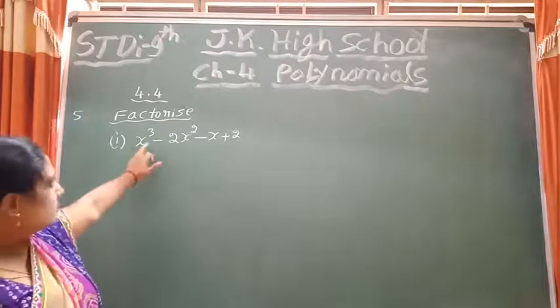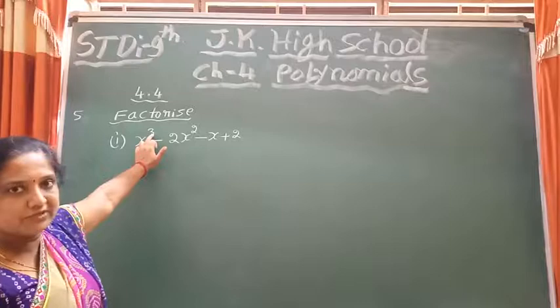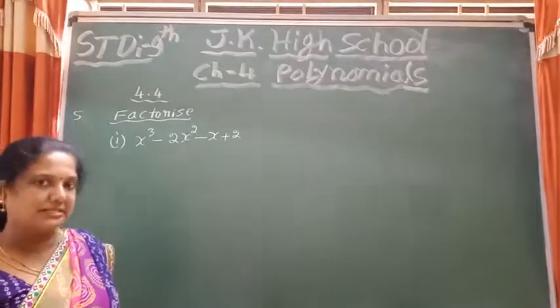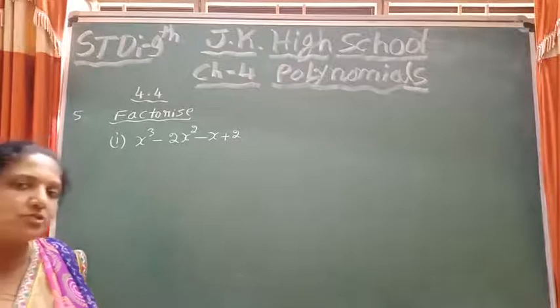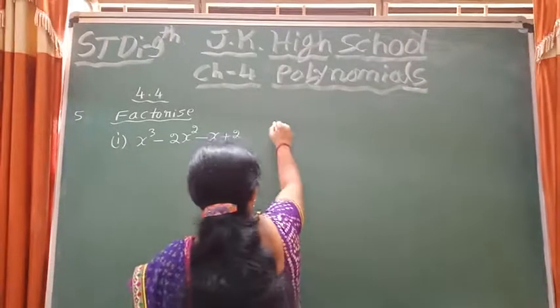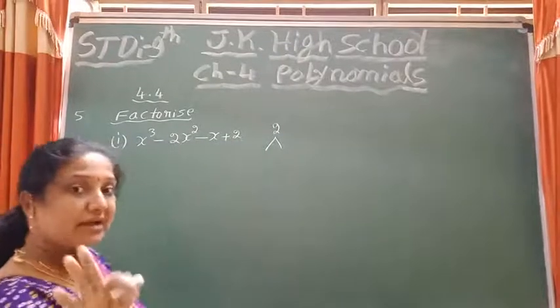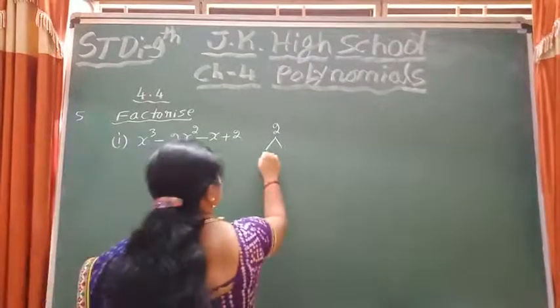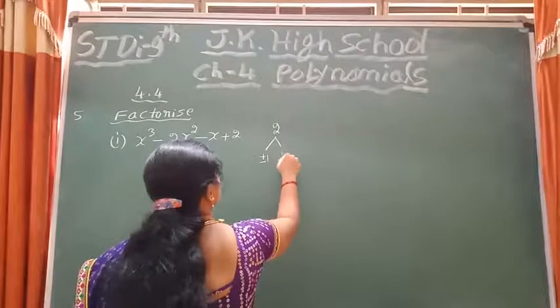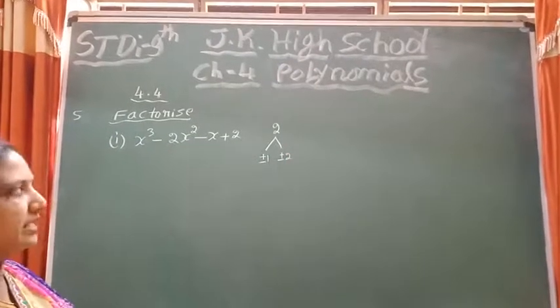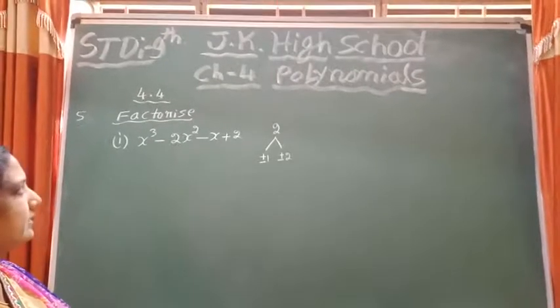First, what is the numerical coefficient of the power 3 term? 1. Multiply this number and the last number: 1 into 2 is 2. Which are the factors of 2? The factors of 2 are plus or minus 1 or plus or minus 2.